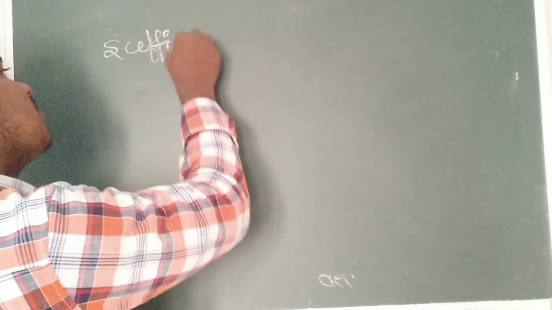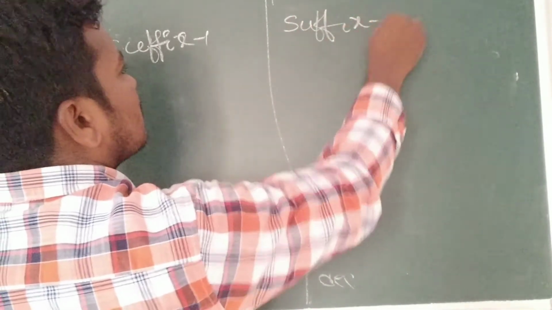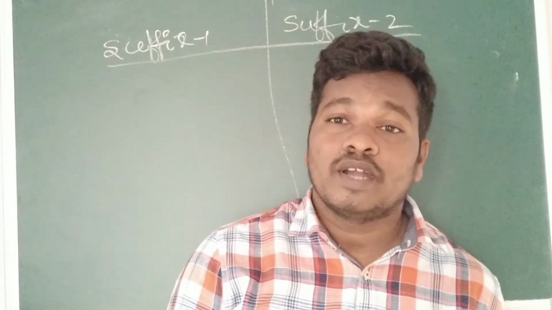What is meant by suffix? Suffix 1 means what? Suffix 2 means what? Carbon to carbon, maybe a single bond, maybe a double bond, maybe a triple bond is presented.